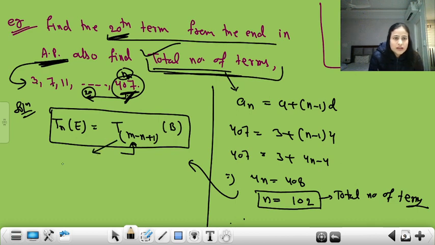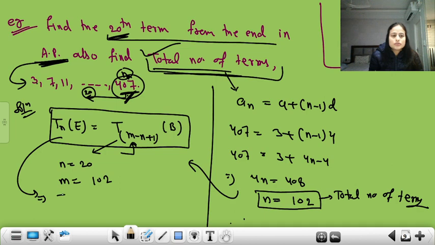So in this formula, n is equal to 20 and m stands for the total number of terms, and please don't get confused between this n and this n, right? m stands for the total number of terms, so here the total number of terms is 102. Now use this formula.